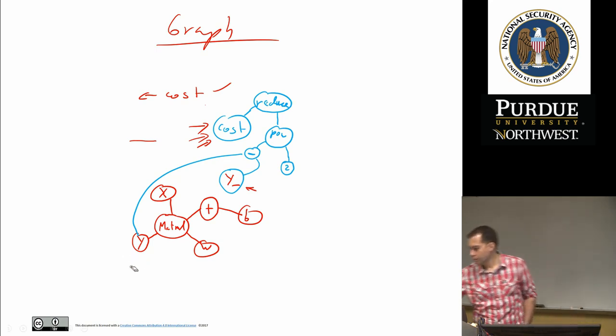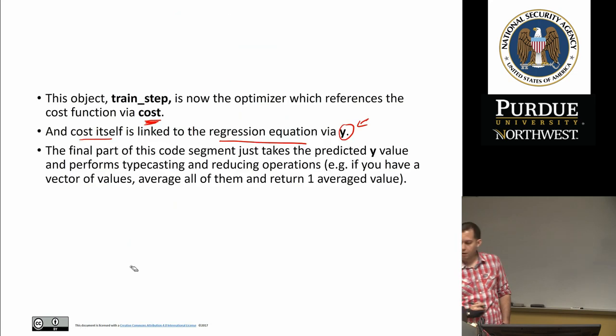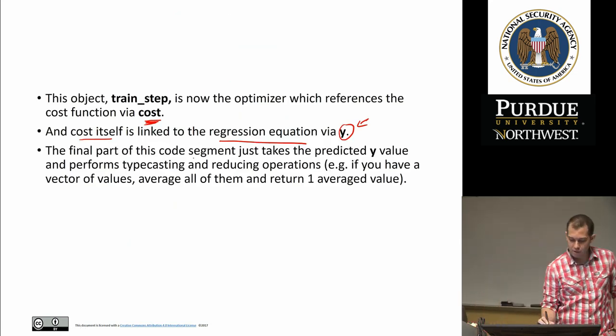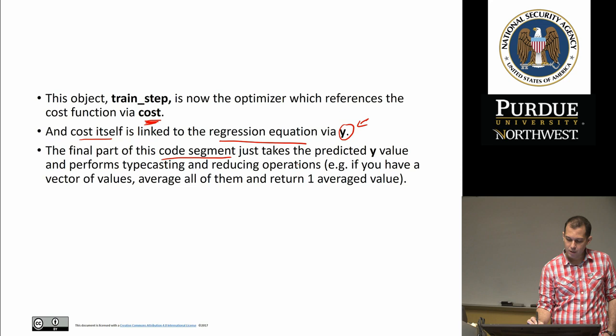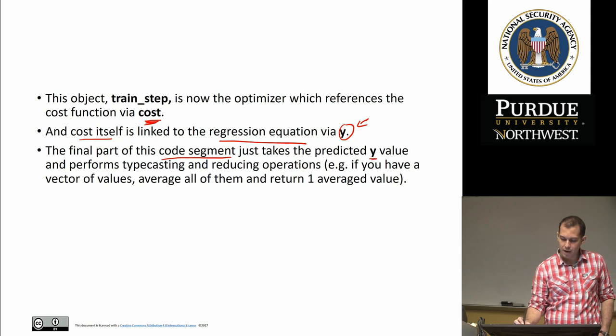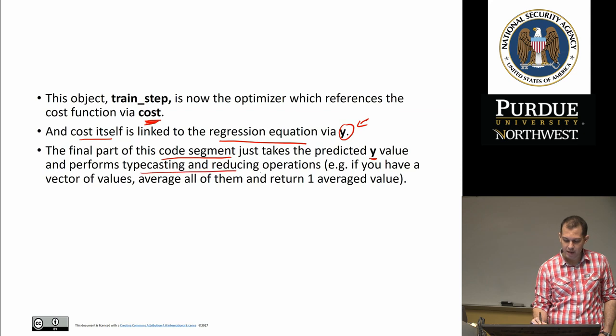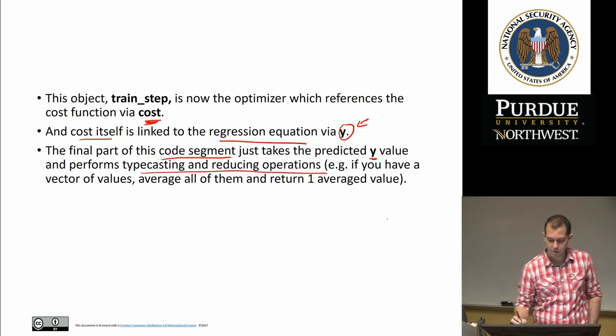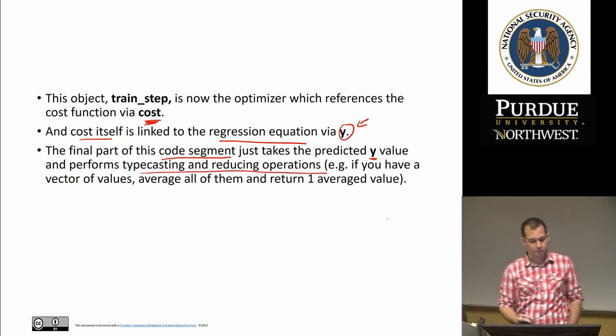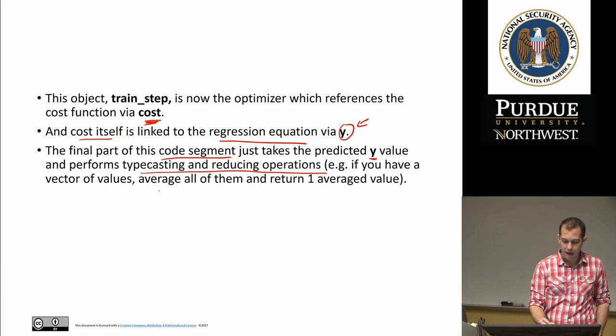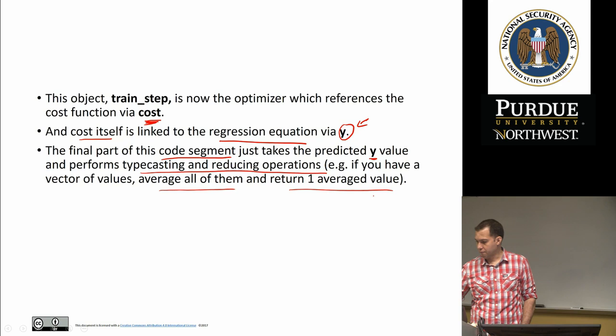Okay. The final part of this code segment just takes the predicted y value and performs typecasting and reducing operations. If you have a vector of values, it averages all of them and returns one average value.